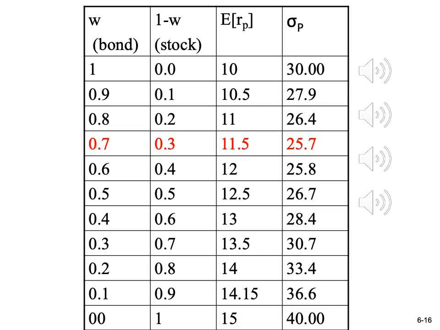Once we finish calculating all the possible combinations of stocks and bonds, we can see there are some patterns there. For the portfolio's return, when you increase the money in the stocks, we can see there is a linear increase in the portfolio's return from 10 to 15%.